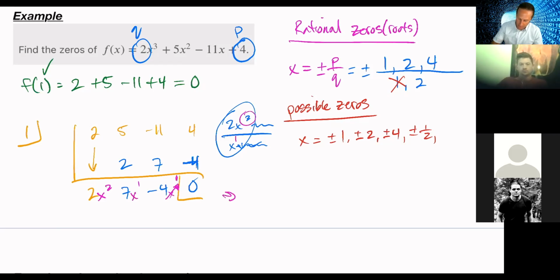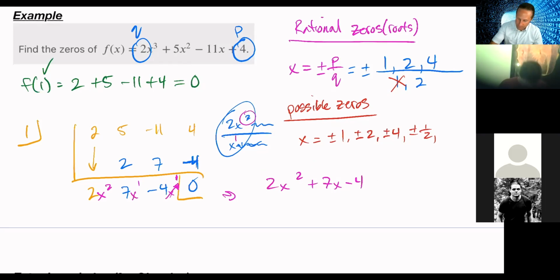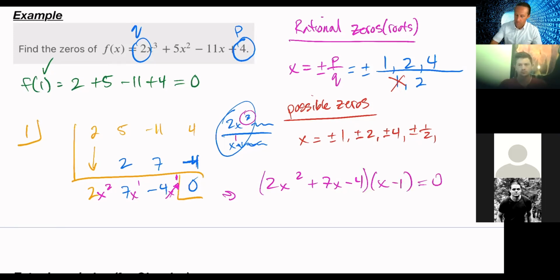So I now have 2x squared plus 7x minus 4, and I want the other 2 solutions. Because guys, remember, I actually could rewrite this as this times x minus 1. But we already know that 1 is one of our solutions.